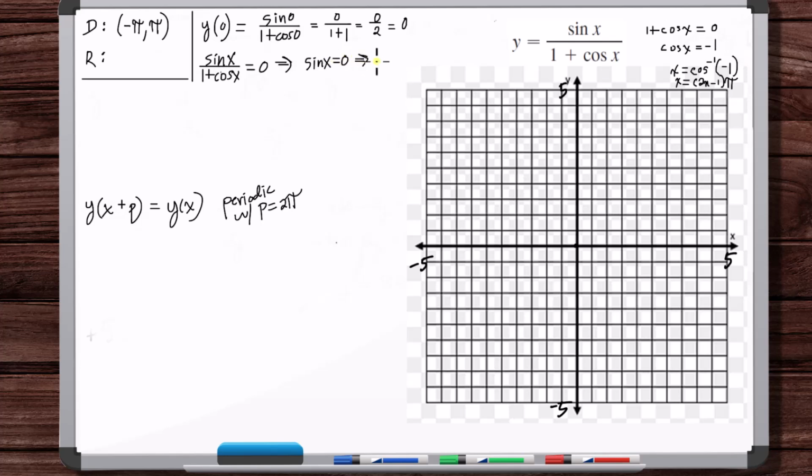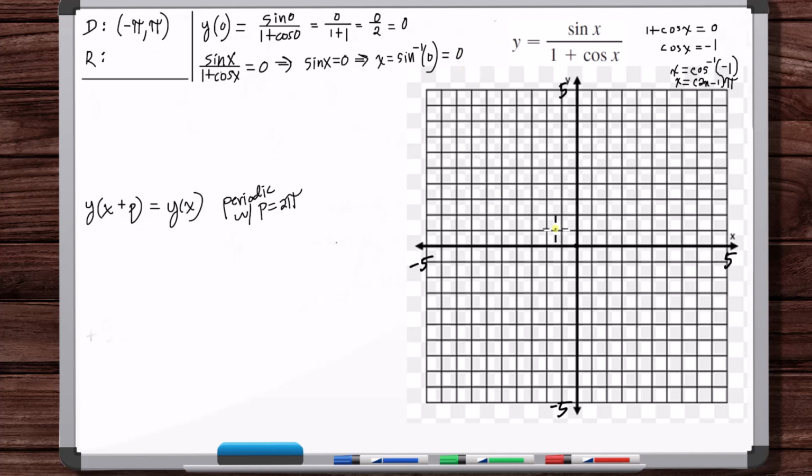So inverse sine of 0 is like 0, 2 pi, 4 pi, etc. But we need to stay within the domain that we're working with here. It would be 0, 2 pi, negative 2 pi, so just 0.